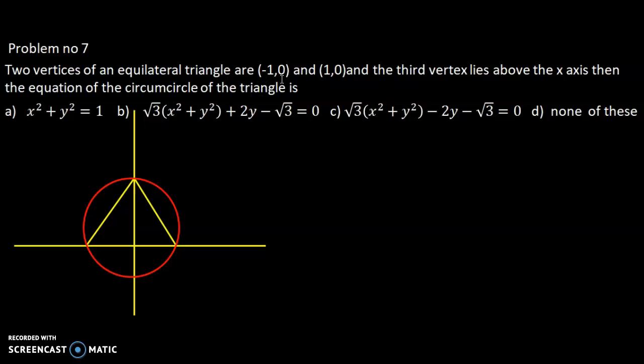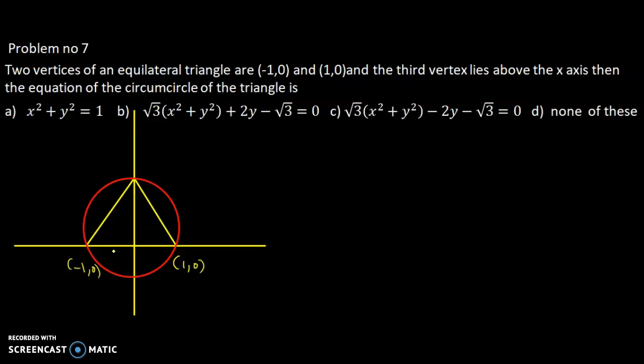Here two vertices of the equilateral triangle are (-1, 0) and (1, 0). Let us mark these points. So this will be the point (1, 0), and this is (-1, 0).